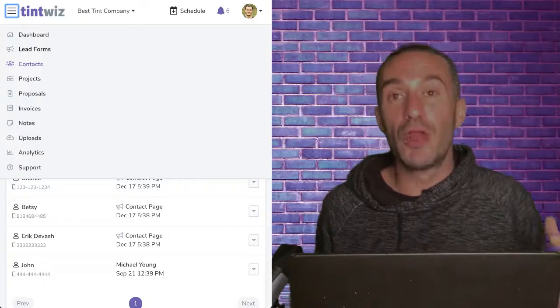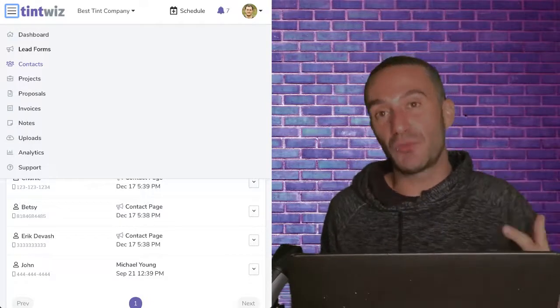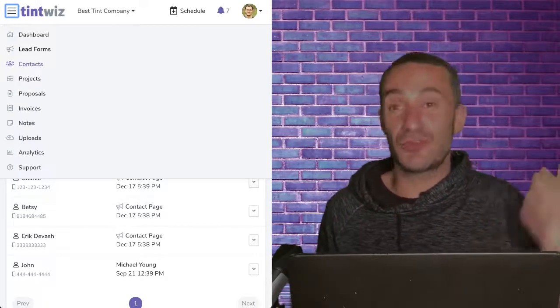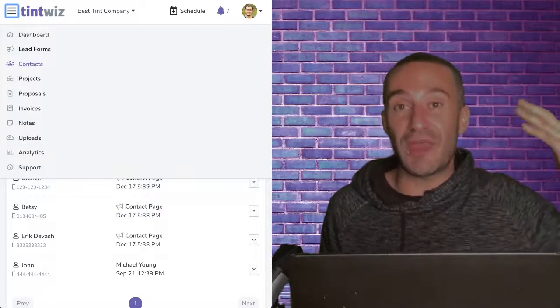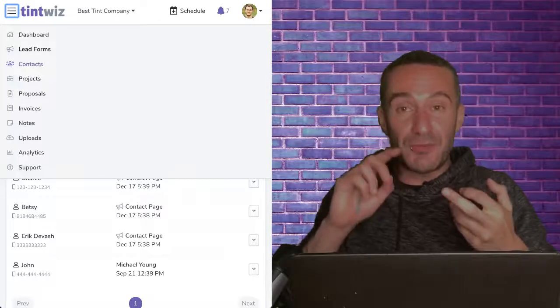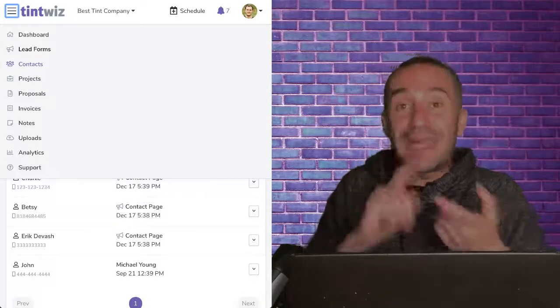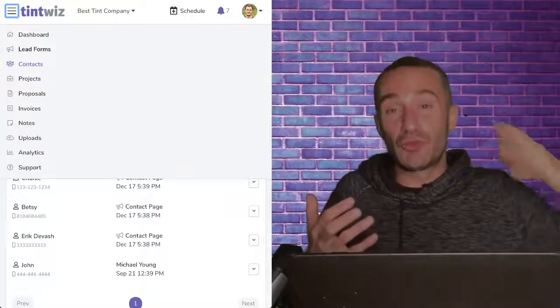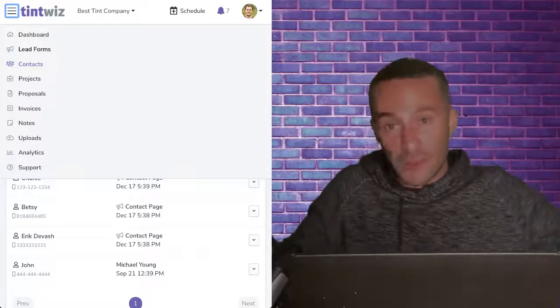There's room for more. So I love focusing on window film, and the intention is just to stick to window film. Tint Wiz is an app for window tinters. Yes, you can sell paint protection wraps, ceramic coatings. You can sell anything in it. It's flexible. So if you do roofs and windows, you can do that too.